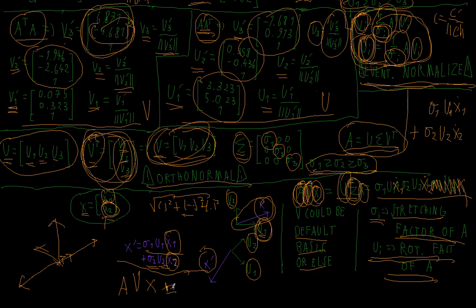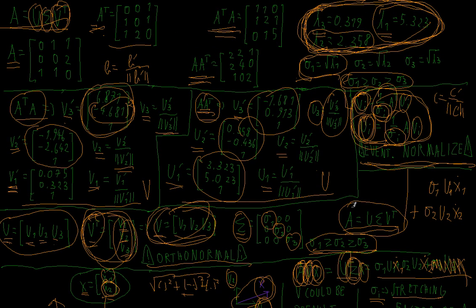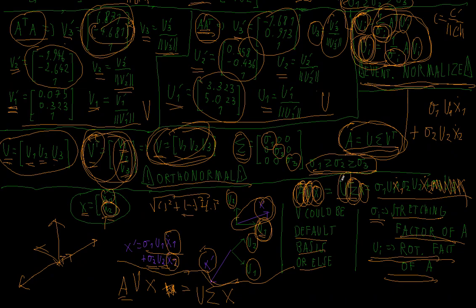So we can find a basis u that plays the role of the rotation of matrix A, and the matrix sigma that plays the role of the stretching factor of matrix A. And all that is applied to the vector x, of course. So that's the geometric meaning. We always compute the singular value decomposition algorithm, but it has a really simple geometric meaning. I really hope that it's clear now what I mean.